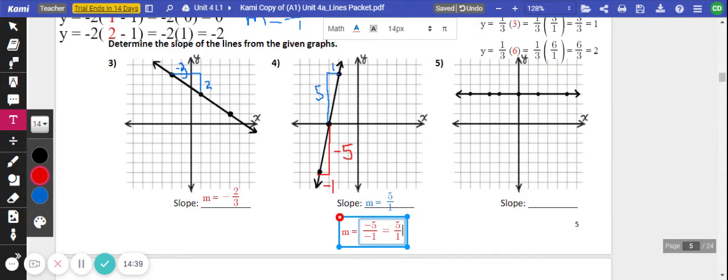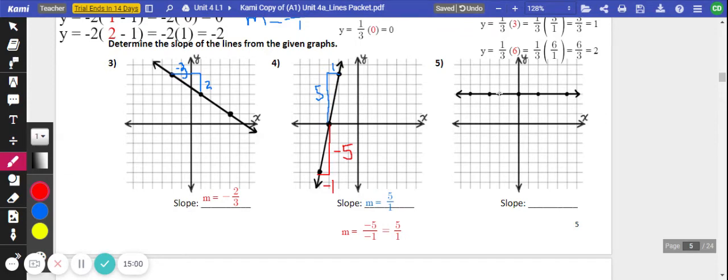So it doesn't matter which way you go. If you end up with 2 negatives or 2 positives, you'll get a positive slope. Otherwise, you'll have one of each, one negative and one positive, and you'll end up with a negative slope.